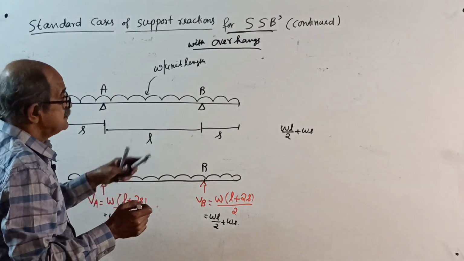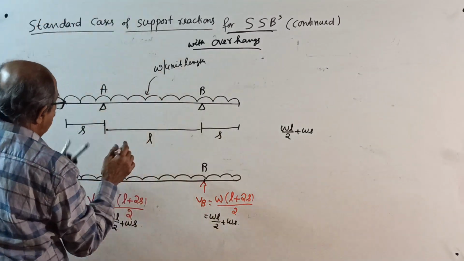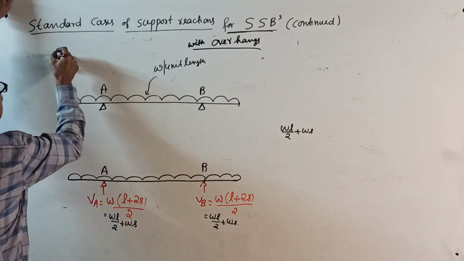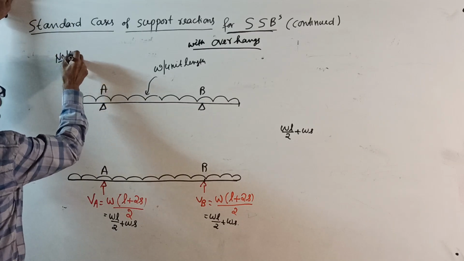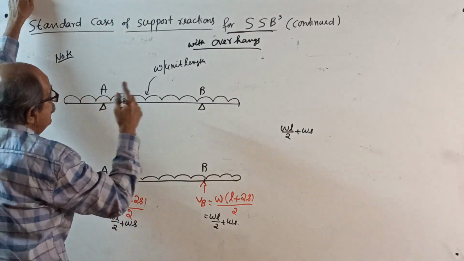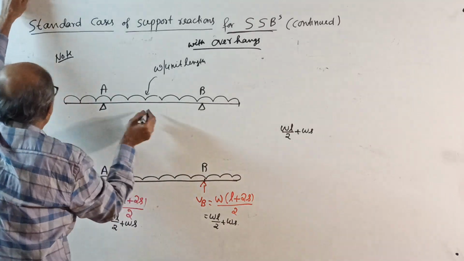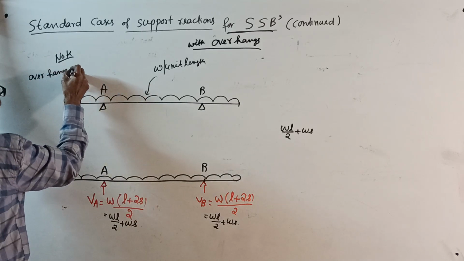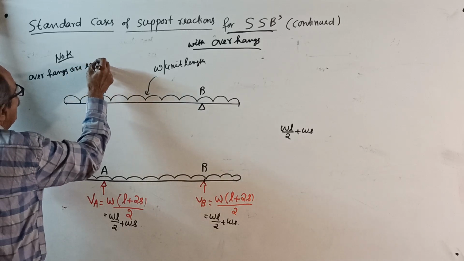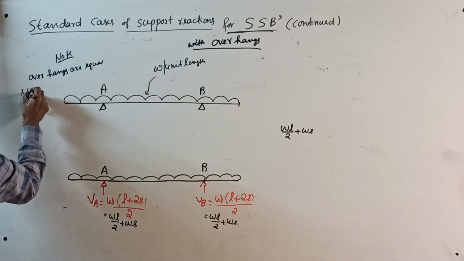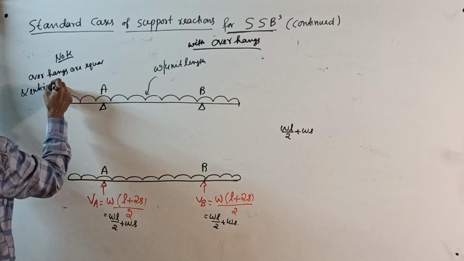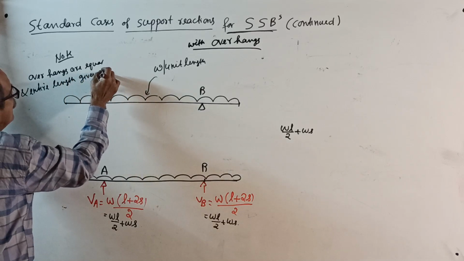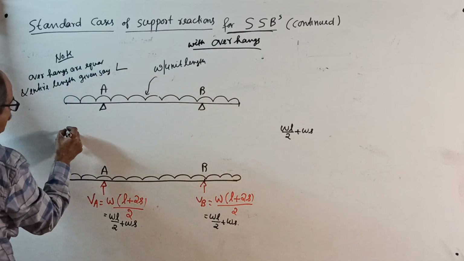Now make a note. Suppose the overhangs are equal and the entire length is given, say capital L, that is this one.